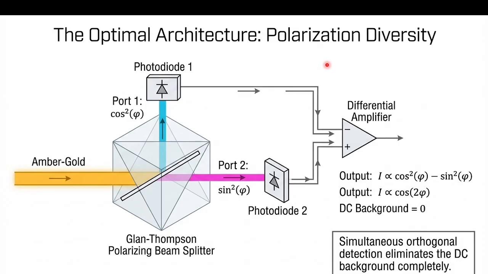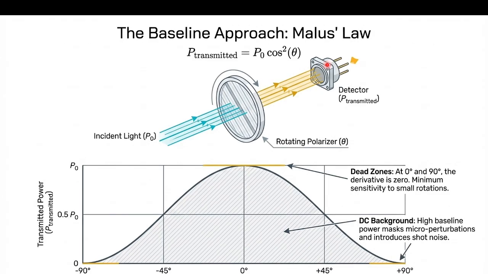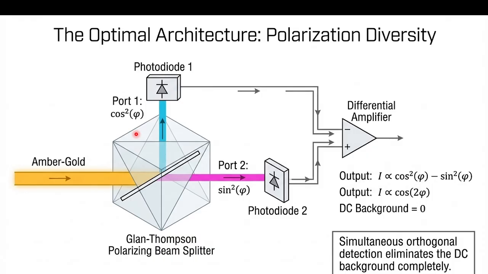Every time you can't understand whether the intensity is decreasing because of the intensity or because of the polarization, the P naught. That can only be eliminated by using a beam splitter and two photodiodes.